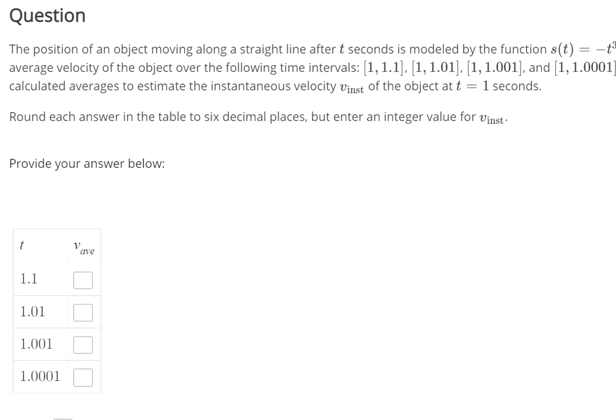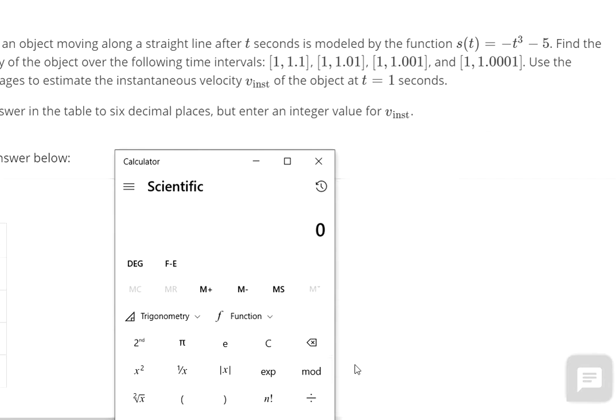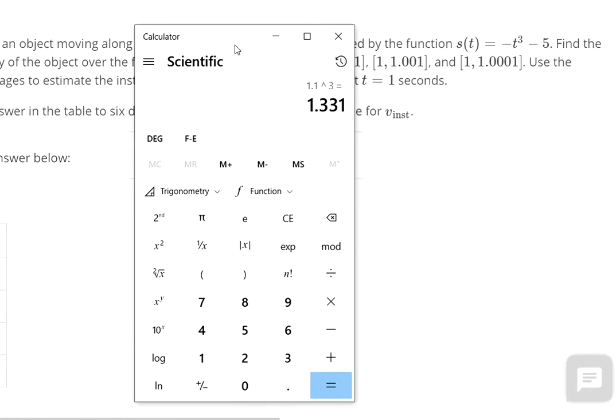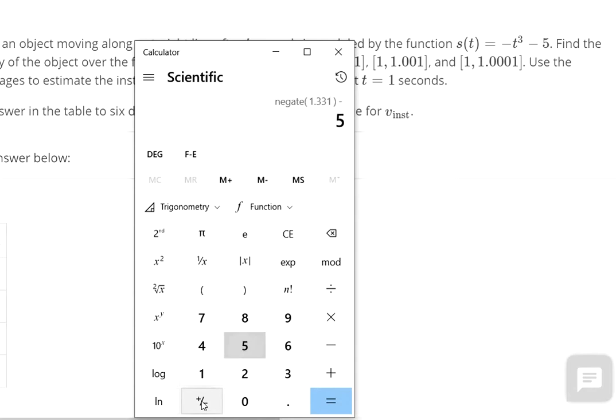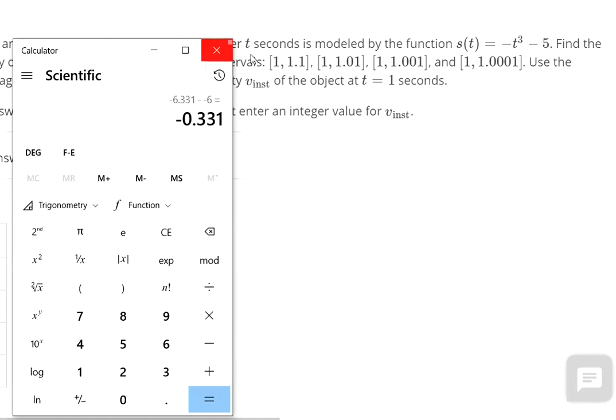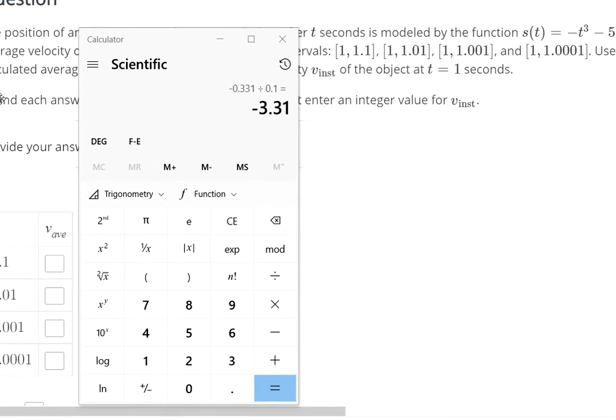So when t equals 1.1, the right side of the endpoint, 1.1 to the third, and then that's negative because the negative's on the outside, minus 5. So we get this for a y value. So if we subtract that by our negative 6, and then divide that by 1.1 minus 1, so that's divided by 0.1, we get a slope of negative 3.31.